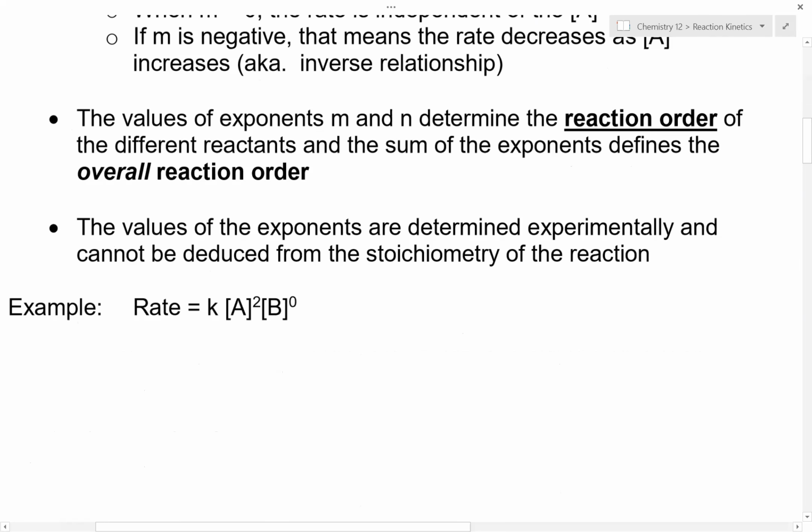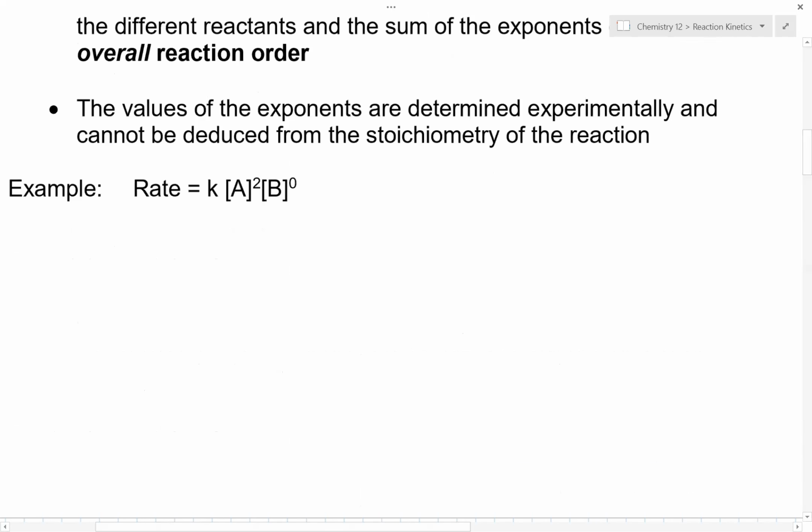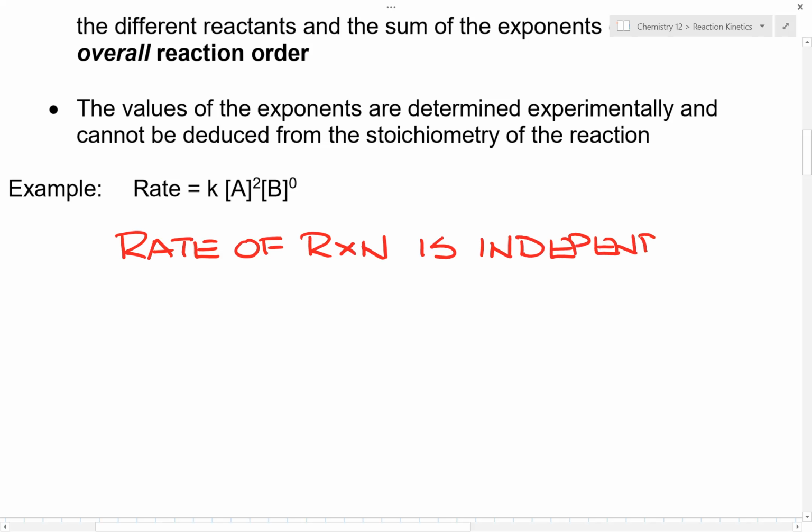Let me give you an example: rate equals k[A]^2[B]^0. What does that mean? In this case, the rate of the reaction is independent of B because of the 0 exponent.